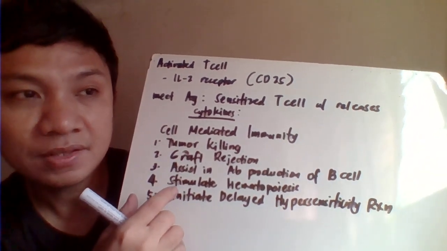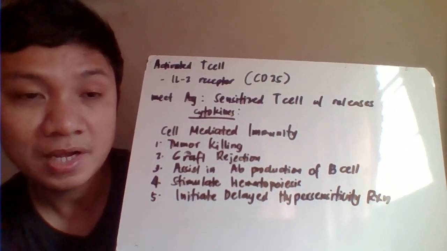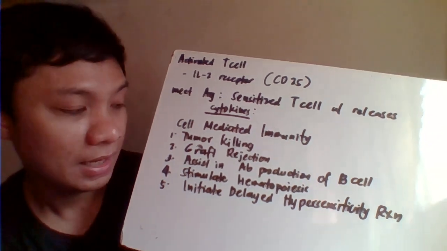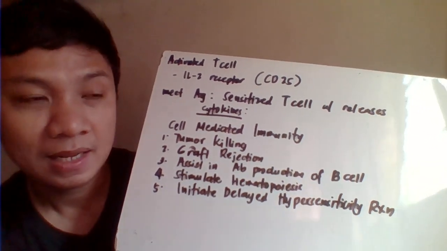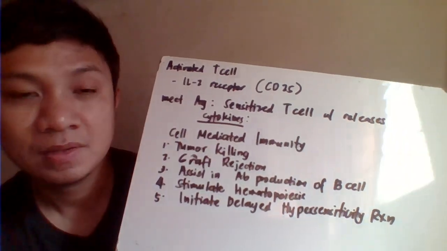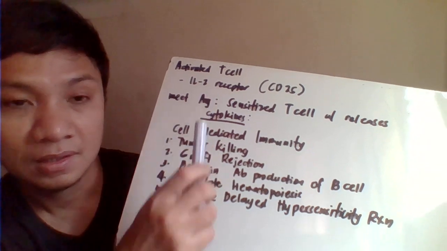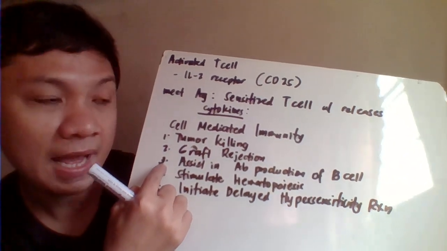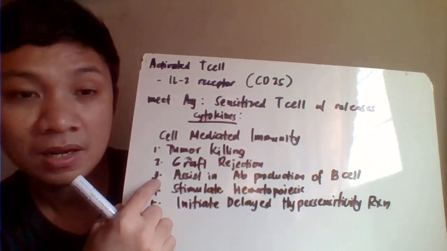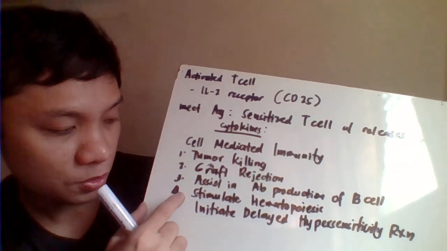Your T cytotoxic is also involved in graft rejection, or rejection of your transplantation. Another one, the cytokines released by our T cell, especially your interleukin 2, help in antibody production. It can help in the development of our B cell for antibody production.